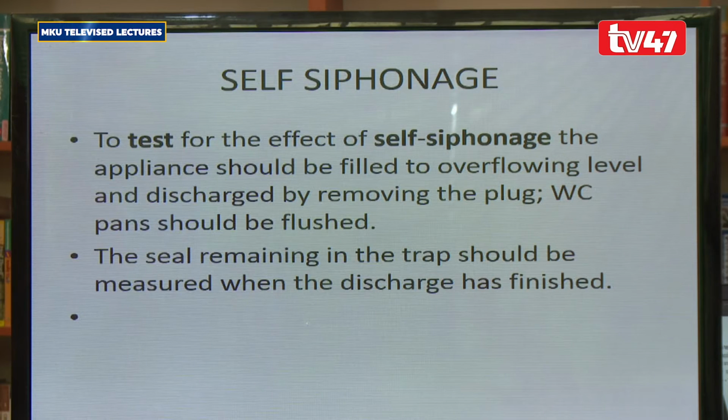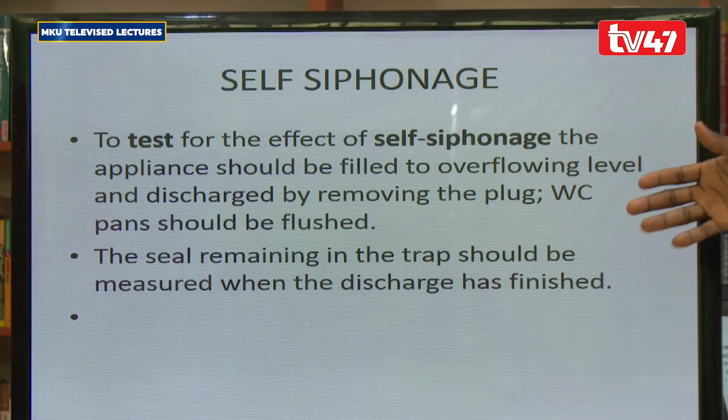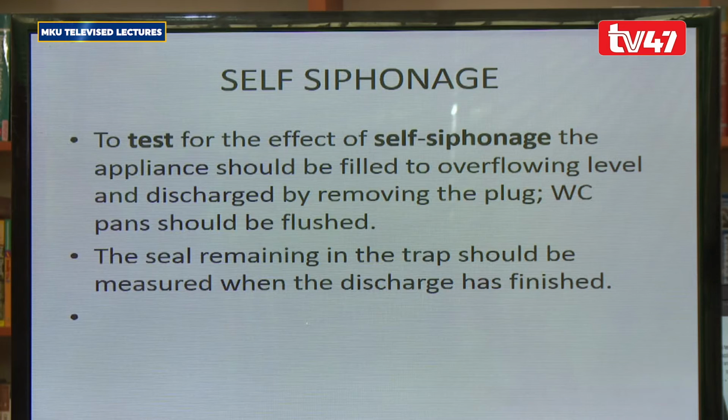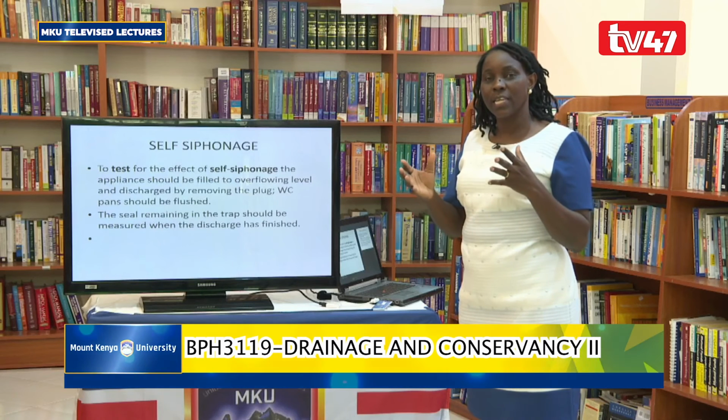You also test for self-siphonage. At times we have different pressures. When the water is flowing, drainage is usually constructed to use gravity unless pumping systems are provided. And then you have atmospheric pressure. Siphonage happens when we have a difference in the pressures.